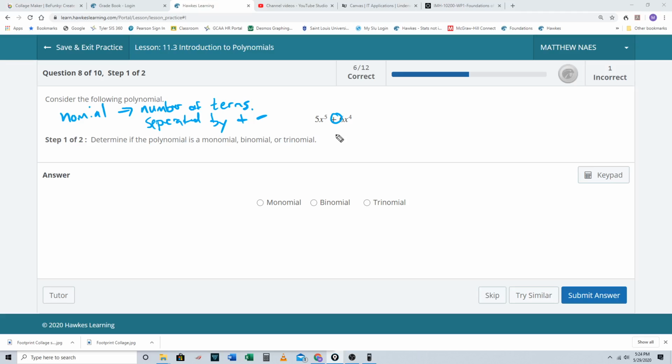So here I have a plus sign, so that separates 1, 2 terms. So what do you think? Monomial, binomial, or trinomial? If you know your prefixes, mono means 1, bi means 2, tri means 3. So which one do you think it is? Yeah, binomial.